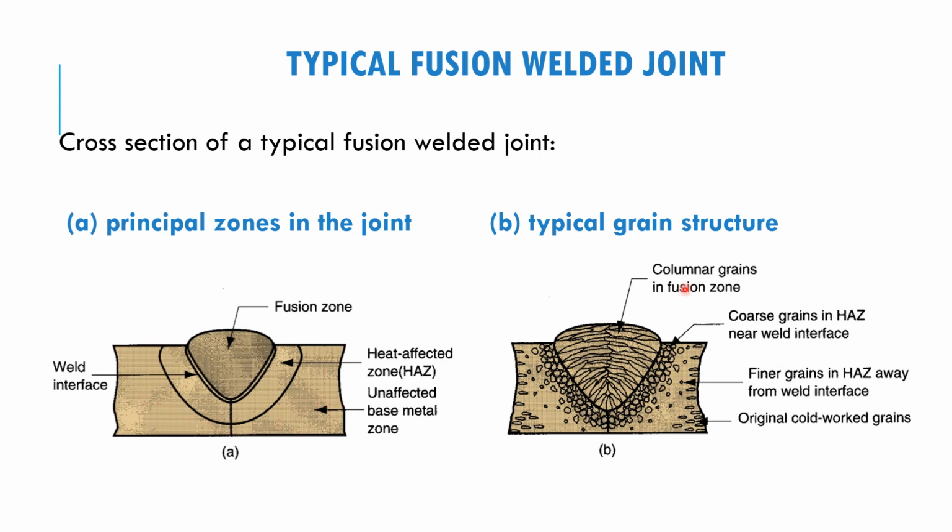In terms of grain structure, there will be columnar grain in the fusion zone, coarse grain in the HAZ near the weld interface, and fine grain in the HAZ away from the weld interface. The original cold worked grain will become fine grain in the HAZ away from the weld interface, and coarse grain in the HAZ near it.